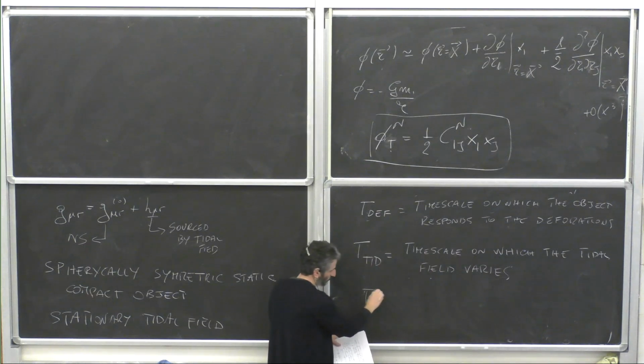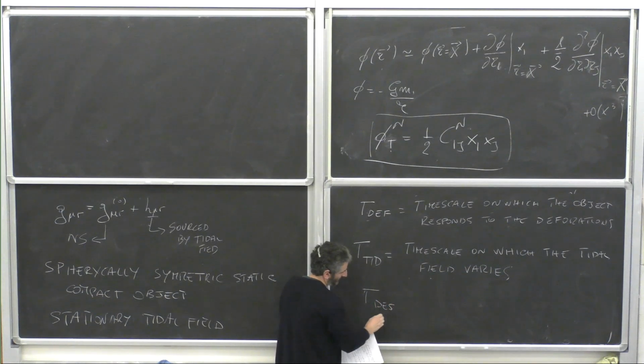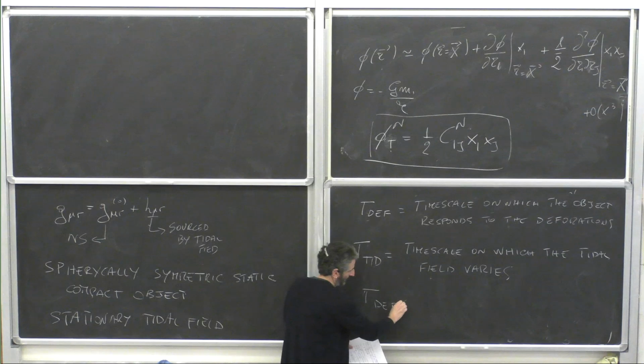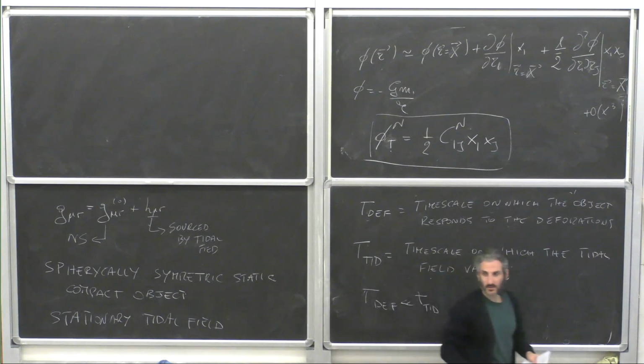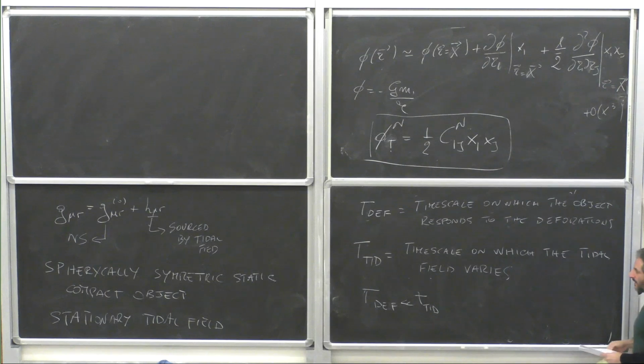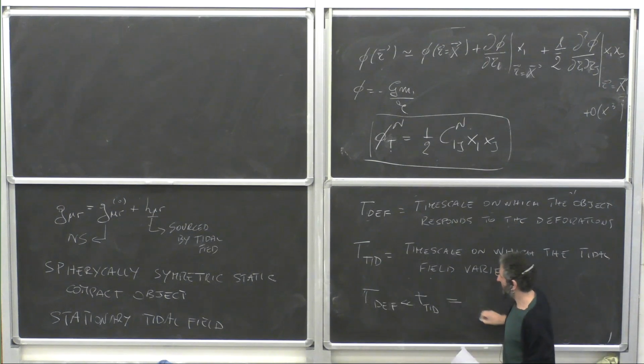Now, if you assume that T def is much smaller than T tidal, basically your game will be that of a stationary tidal field.